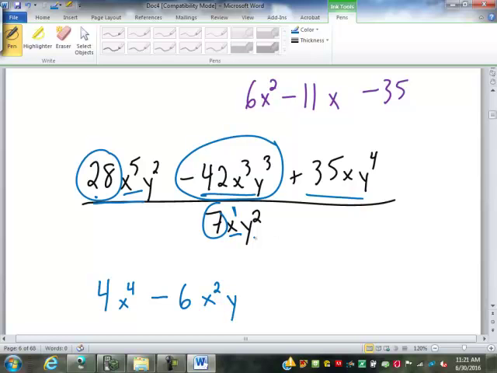Yep, because 3 minus 2 is 1, so it's y to the 1 or just y. Perfect. So then we got 35x y to the 4th divided by 7. Positive 5, good. How about the x? The x cancels out. And y? 4 minus 2 is 2, so y squared.